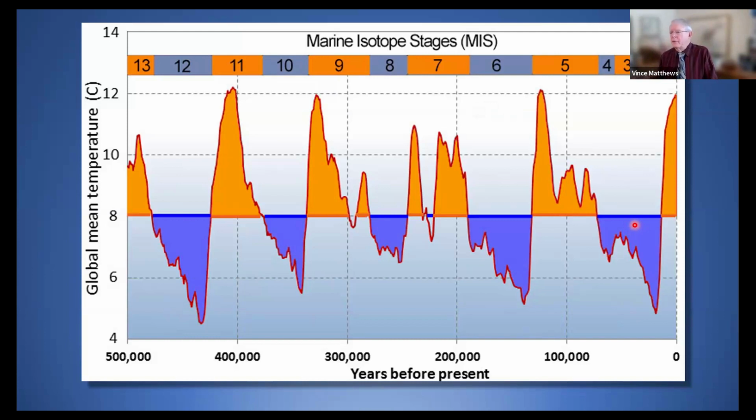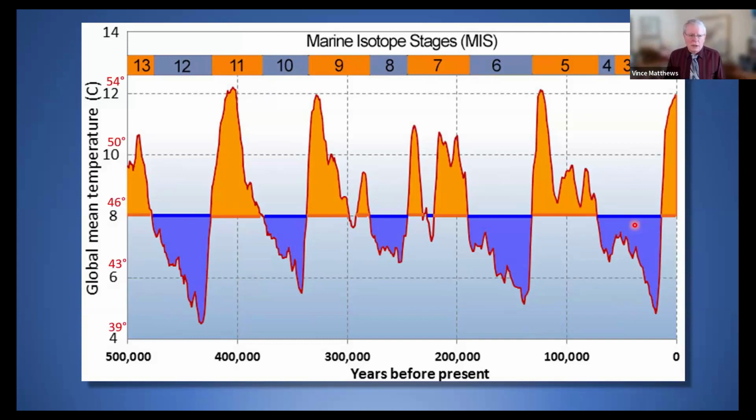So like O-13, O-18, different numbers will tell us, O-16 will tell us supposedly what the temperature was at that time. And this is a breakdown of those going back for the last 500,000 years. And this is also combined with ice core data from Antarctica and from Greenland.